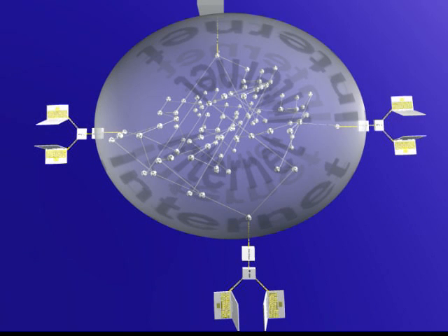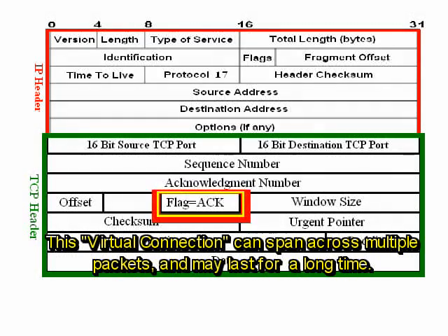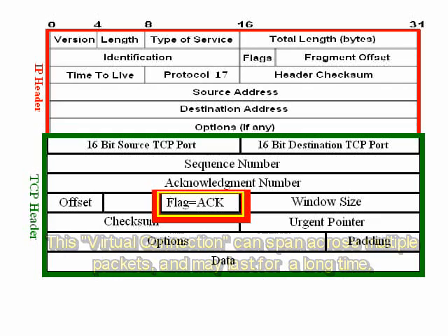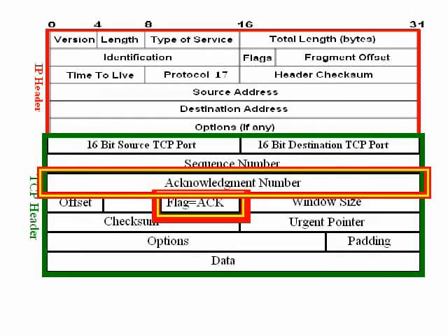Mm-hmm. The server sends its response, which is called a SYN ACK. That's literally an ACK, which is acknowledging the receipt of the original SYN packet, and its own SYN component, which says, fine, let's set up a communication. I'm going to be numbering all the bytes I send to you with this serial number.